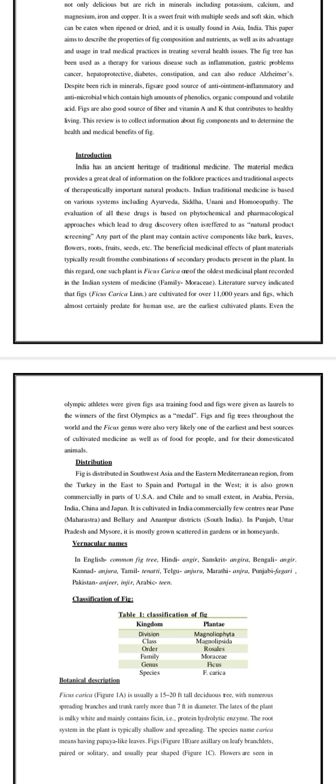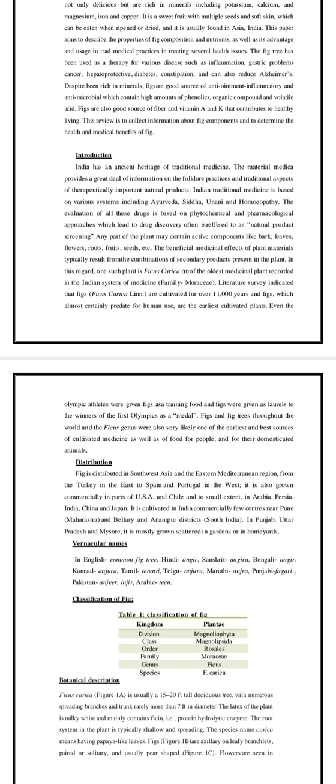The evaluation of all these drugs is based on phytochemical and pharmacological approaches which lead to drug discovery, often referred to as natural product screening. Any part of the plant may contain active components like bark, leaves, flowers, roots, fruits, seeds, etc. The beneficial medicinal effects of plant material typically result from the combination of secondary products present in the plant.